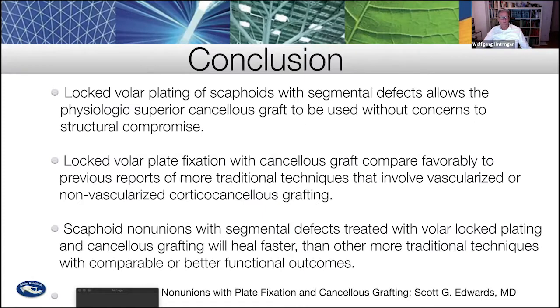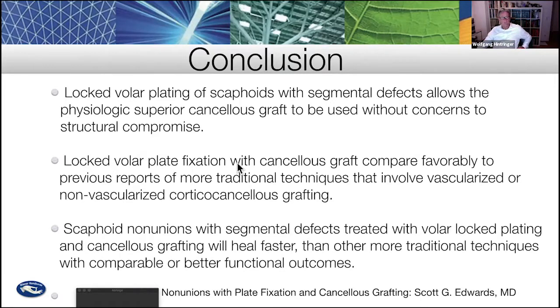And so as a conclusion, locked volar plating of scaphoid with segmental defects allows a physiologically superior cancellous graft to be used without concerns of structural compromise, because you do not have to put the screw through the structural graft; the middle is spared out from the plate.